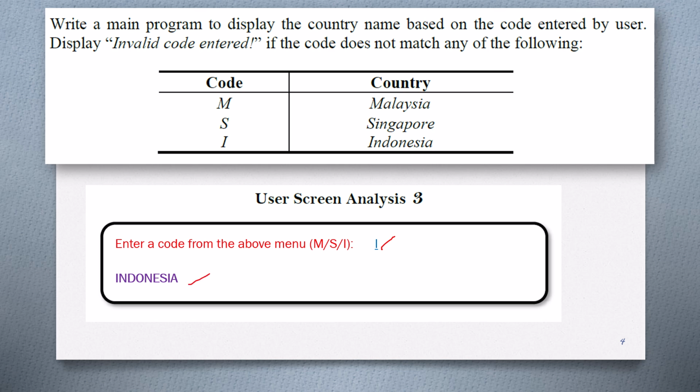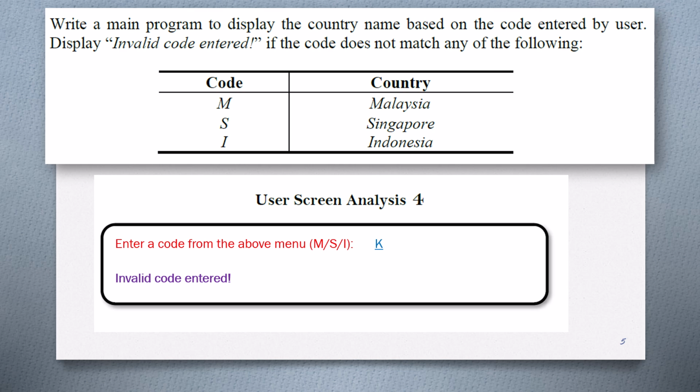This is analysis 3, case 3. You may also have invalid code, if the user entered codes other than these three. For example, the user entered K, then you will display invalid code entered.